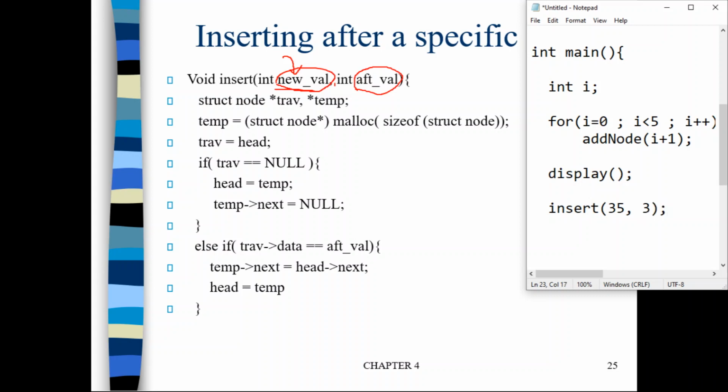So this should insert a new node after the third node, with data part 35. Then this new node will point to the node whose data part is 4, and that node will point to the node whose value is 5.